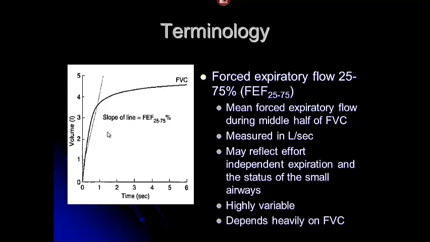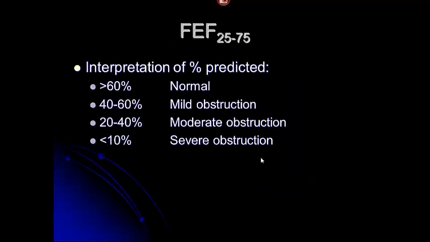Again, as I was telling you, you could measure at this level forced expiratory volume in the first second, and up to here 25 to 75%, which is the mean forced expiratory flow during the middle half. It reflects the effort independently, expiration, and the status of the small airways, but we're not going to discuss that. And these are the normal values.